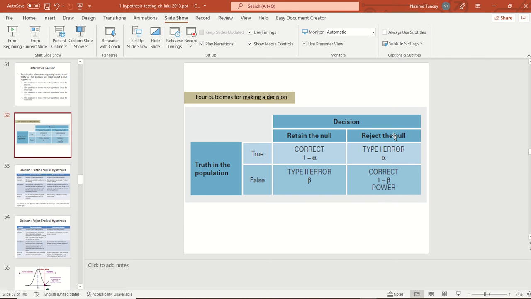If they reject the null hypothesis, what does this mean? The null hypothesis is the no-difference hypothesis. So if they reject the null hypothesis, they say that there is a difference.